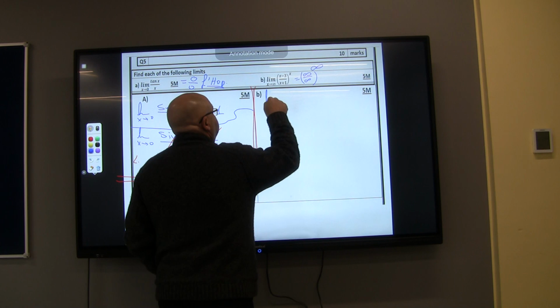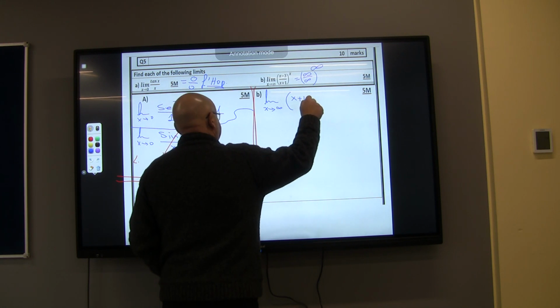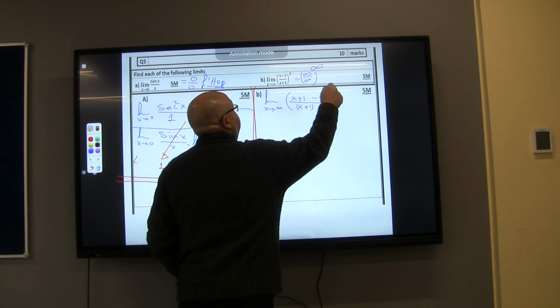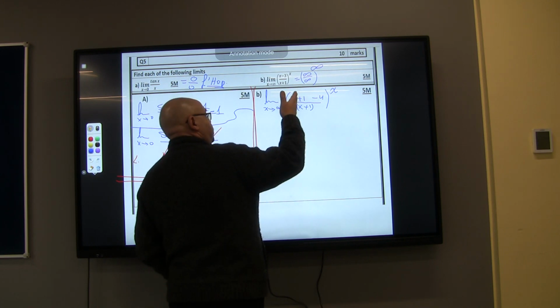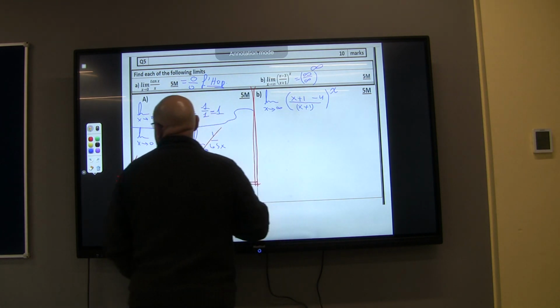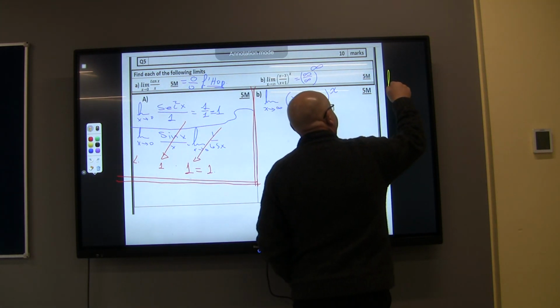If we try to write this function in the form limit x tends to infinity of x plus 1 minus 4 divided by x plus 1 to the power of x, simply all I had to do is add positive 1, negative 1. I am aiming to reach this form that I've told you about previously.